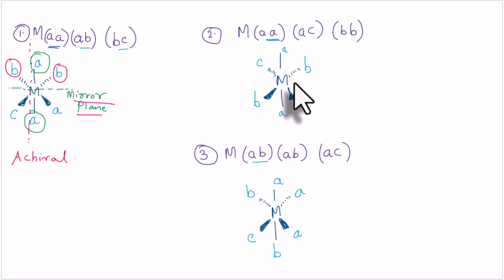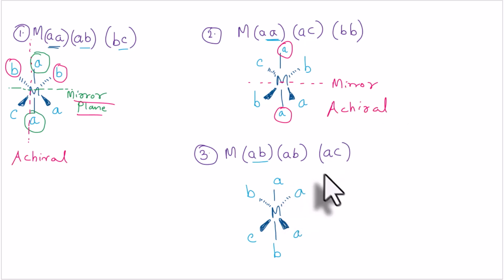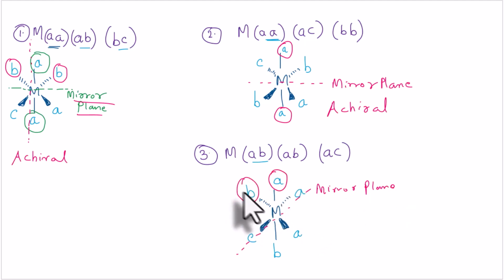Now for the second isomer, we also apply the mirror plane here, and we get the same reflection of AA ligands, so this is also achiral. For the third isomer, we can place the mirror plane on the diagonal axis, which gives the same reflection AB on both sides.